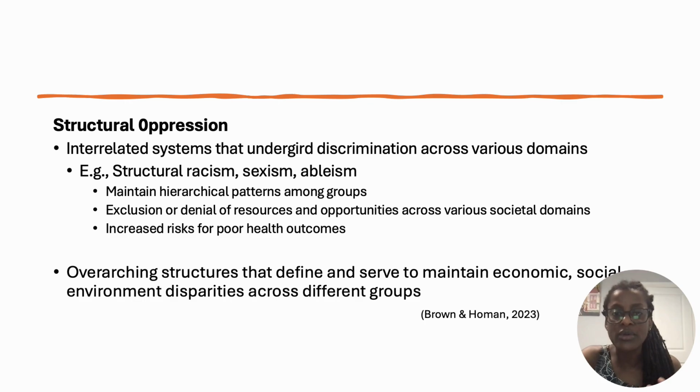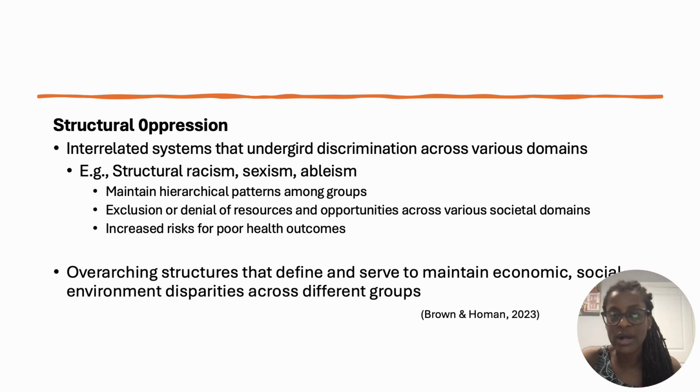And of course, we can see how these structures play essential roles in maintaining the status quo. For example, racism and sexism support hierarchies among groups, with a particular racial or gender group remaining on top.